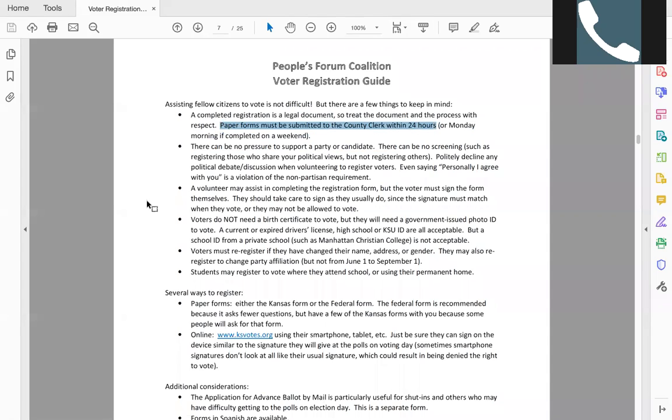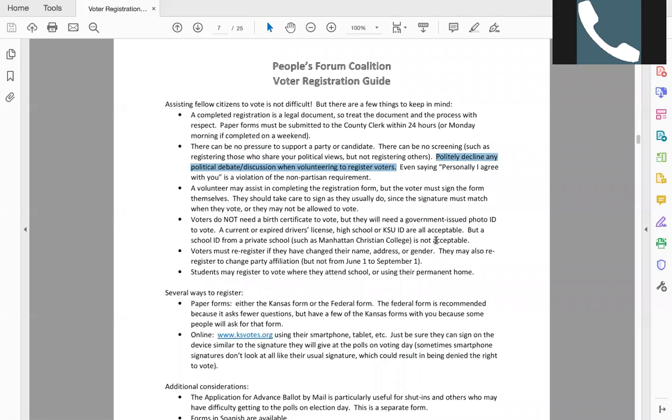And then, do not show any partisanship in clothing or in talking with folks you're helping to register. Decline to even respond to comments that they might want to make in discussions, because that could be a problem.